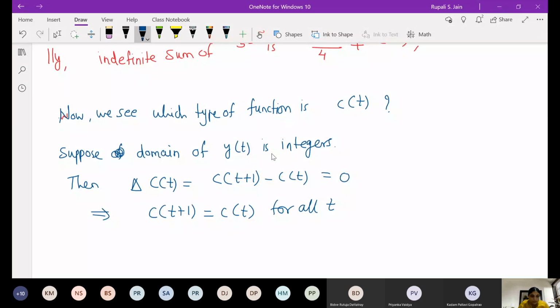If I substitute t equal to minus 1, what will I get? c at 1, c at 2, c at 3, similarly for every integer t. If I substitute 1, 2, 3, any integer, I will get an equal value.